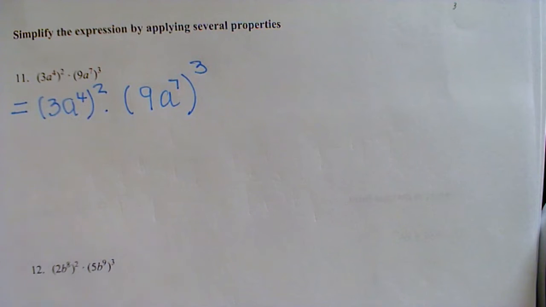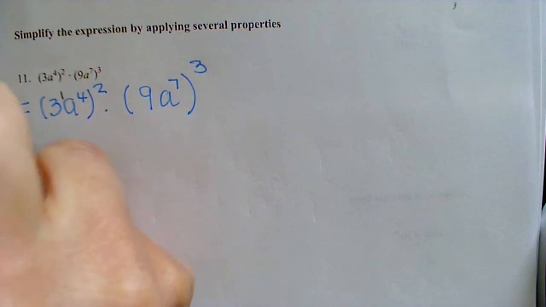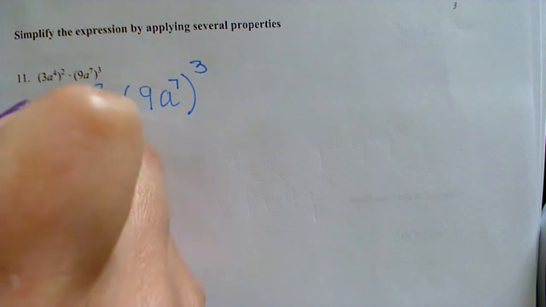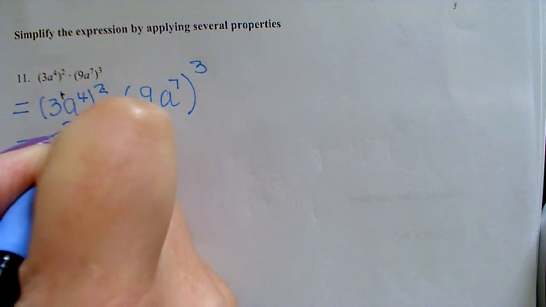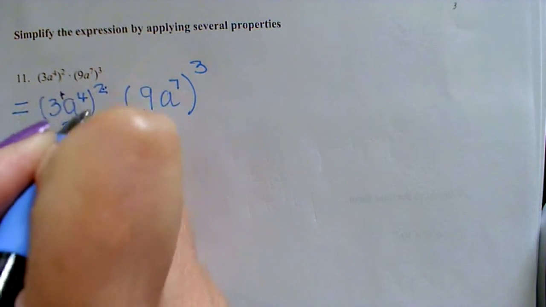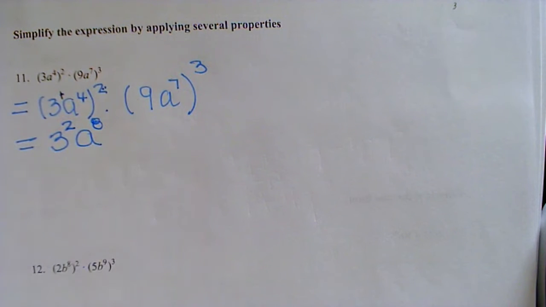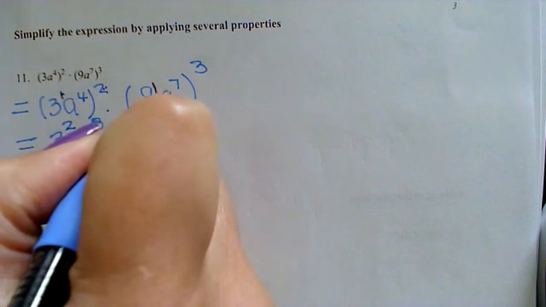Don't forget that we have a 1 here. So we're going to apply this power. Multiplied, power to a power. 1 times 2 is 2. 4 times 2 is 8. The same here. 1 times 3 is 3. And 7 times 3 is 21.